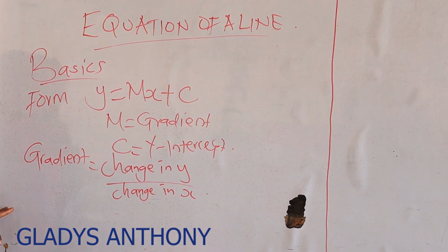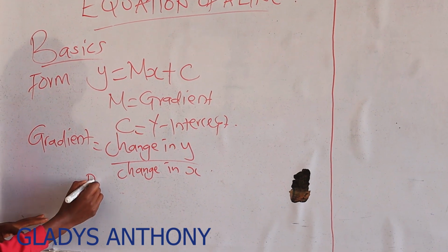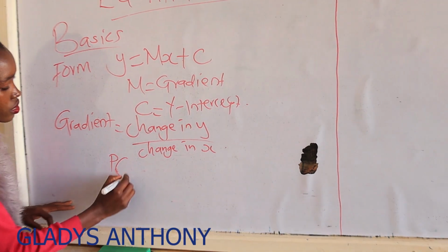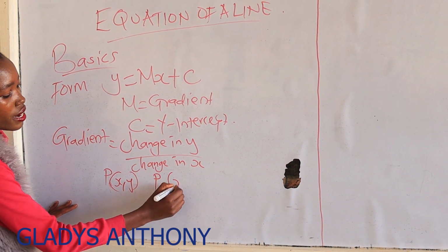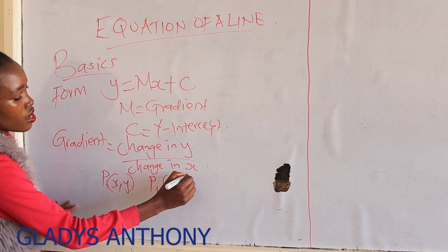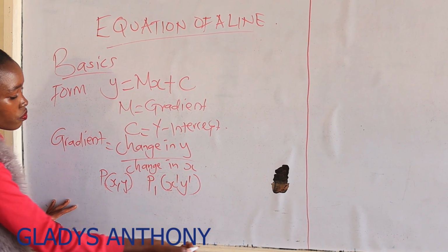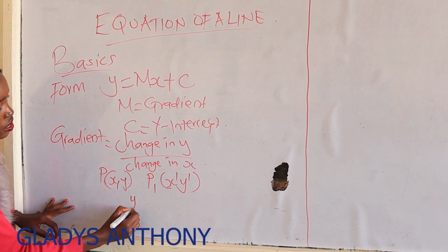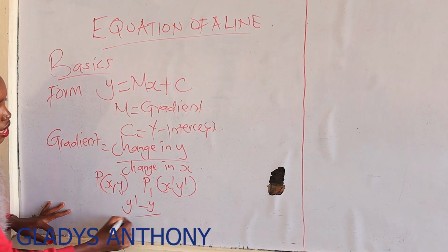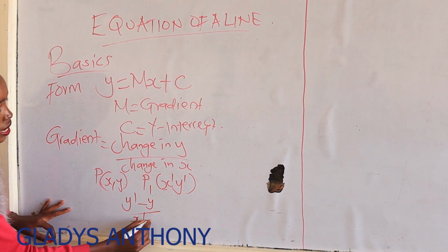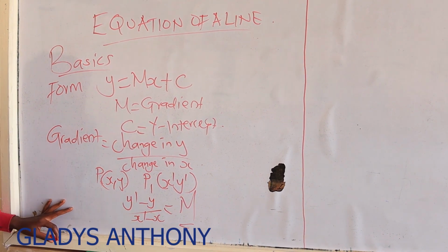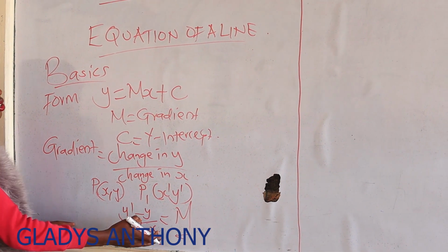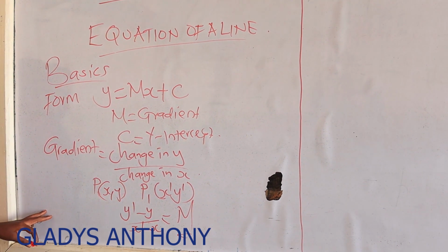For example, if you have 2 points, point (x, y) and another point (x1, y1), to get the gradient you take y1 less y, and then x1 less x, and then you get m, which is the gradient. So gradient is denoted by the letter m.